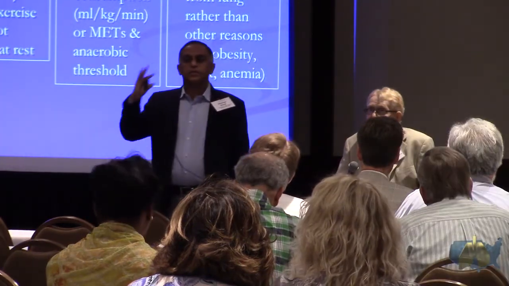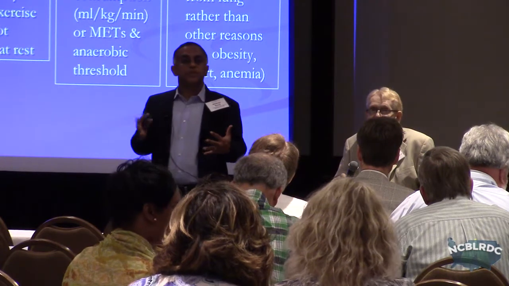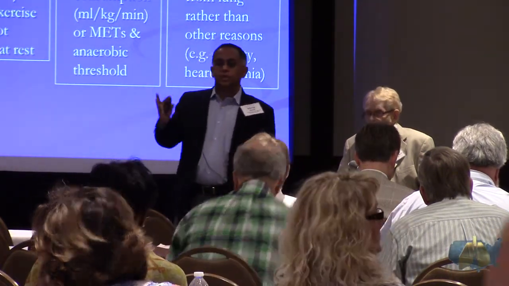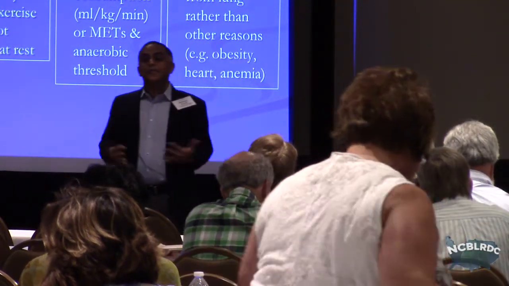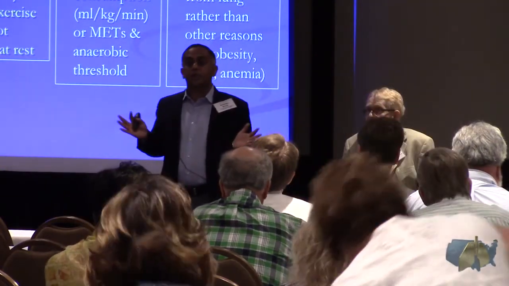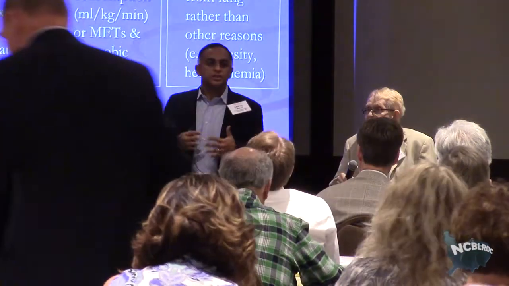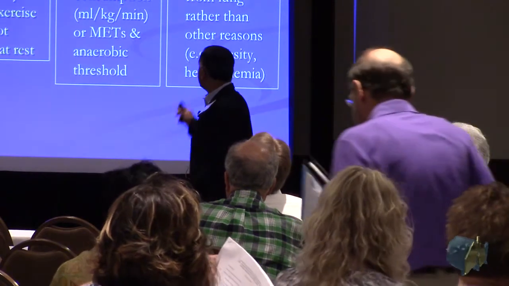Anaerobic threshold is the threshold where your exercise physiology switches from aerobic to anaerobic metabolism. It's also the threshold which defines at what level you can do prolonged physical activity. Now, how anaerobic threshold is measured is beyond the scope of this talk today, but I'm just going to mention anaerobic threshold, and this is the only time I'm going to mention it.